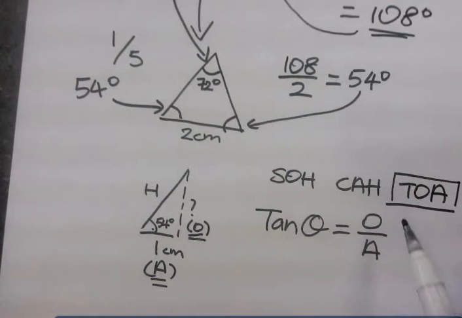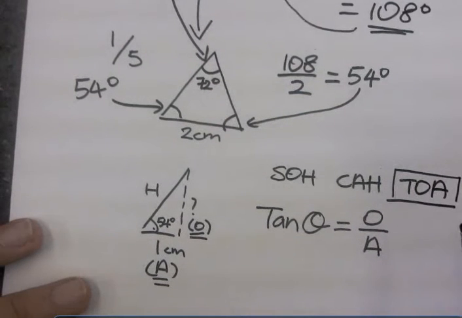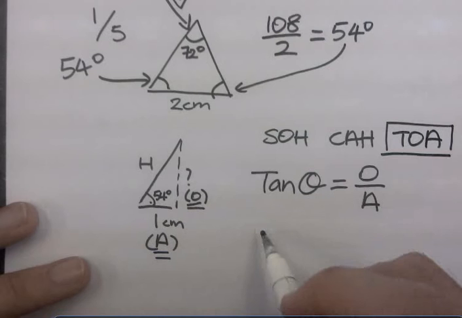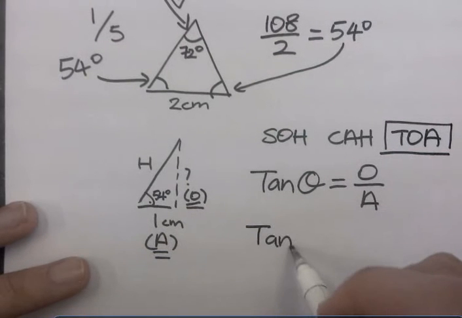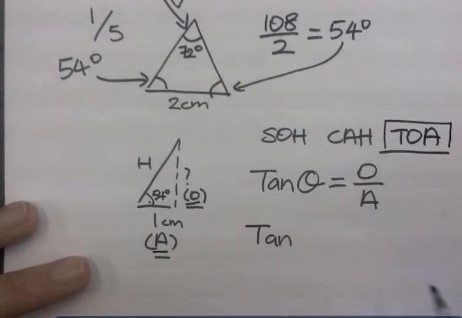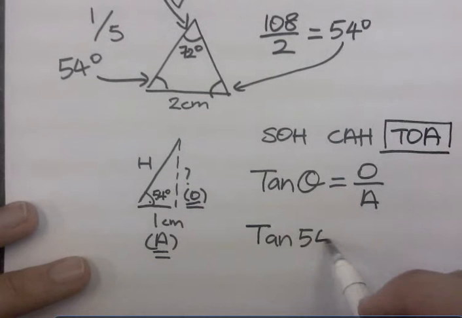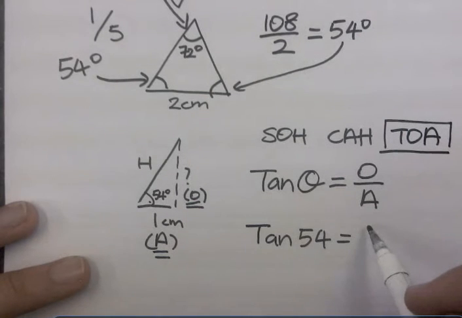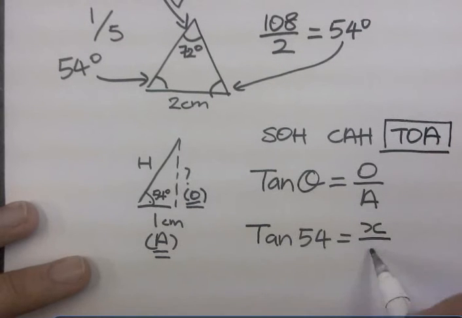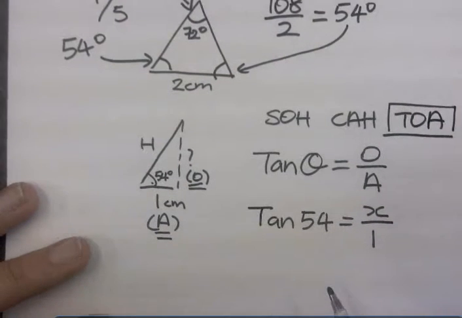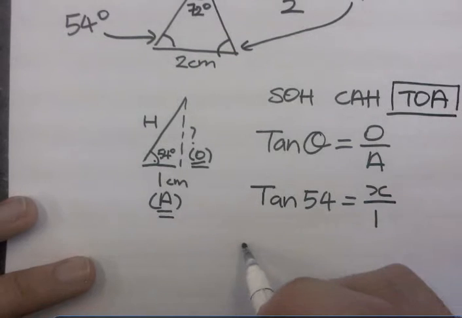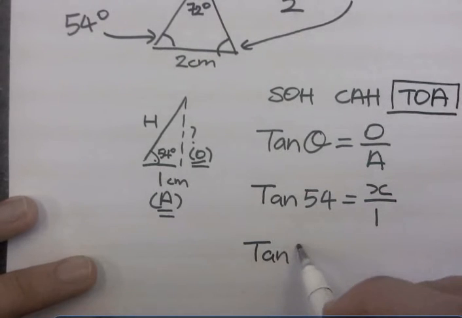Now, next step would be substituting all the numbers. So tan 54 equals opposite, which we don't know, so I'll put it as x, over adjacent 1. Now it should be tan 54 times 1 should be x.